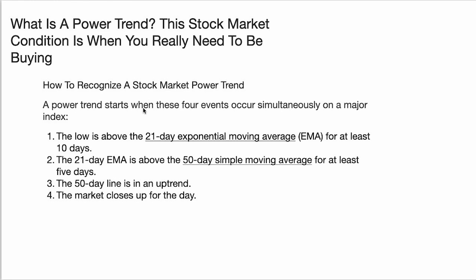What we look for is certain indications of moving around moving averages. So the low of the major index has to be above the 21-day exponential moving average for at least 10 days. The 21-day exponential moving average is above the 50-day simple moving average for at least 5 days. The 50-day line is in an uptrend and the market closes for the day.